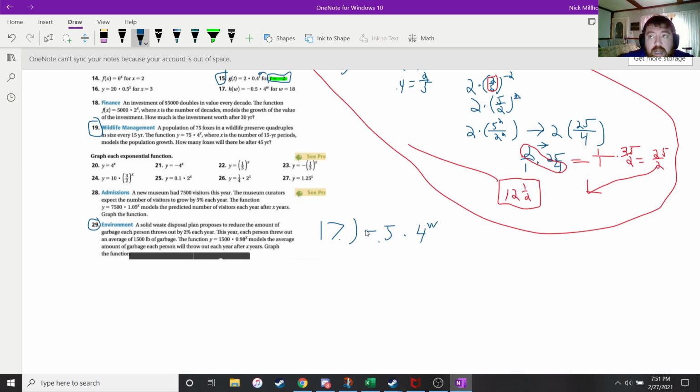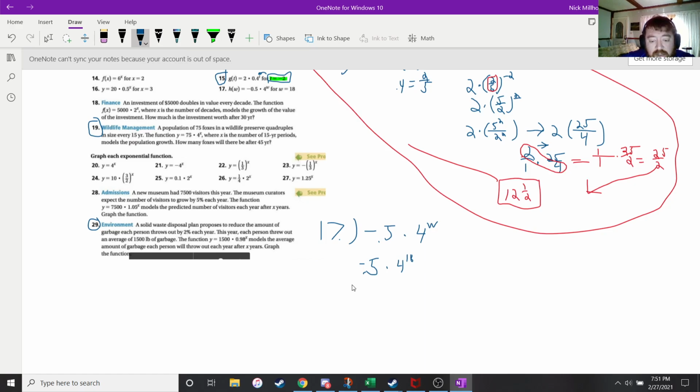Now, I'm not going to ask you guys to do 4 to the 18th power. So what I'm going to do here is plug 18 into here. So this is going to be negative 0.5 times 4 to the 18th power. And then let's just simplify this.